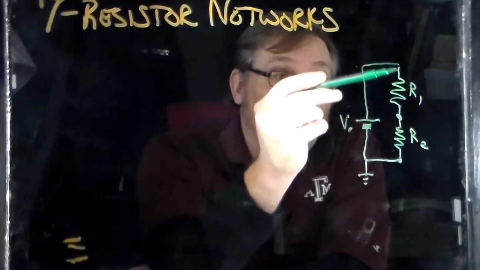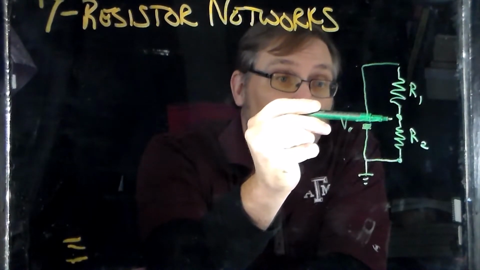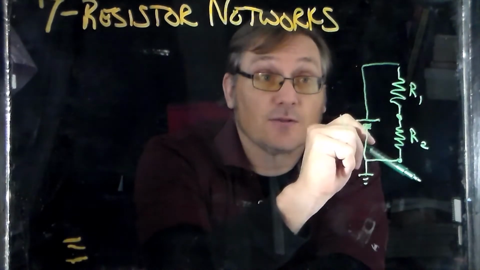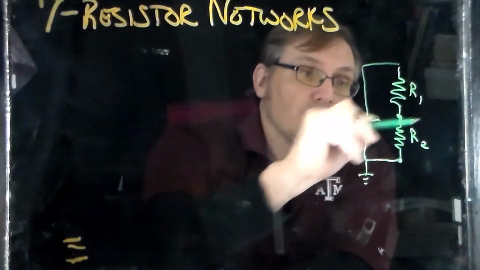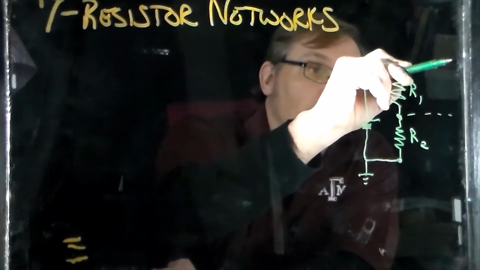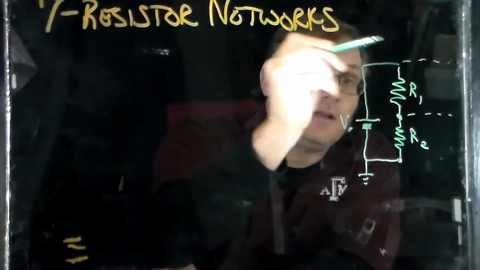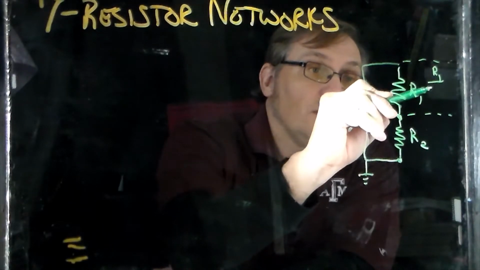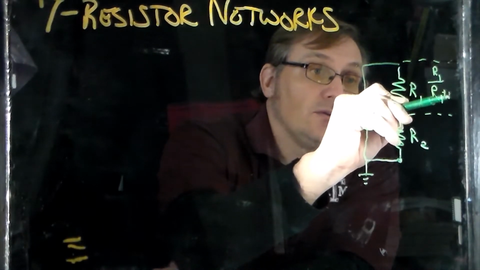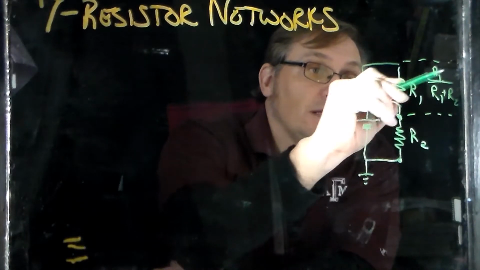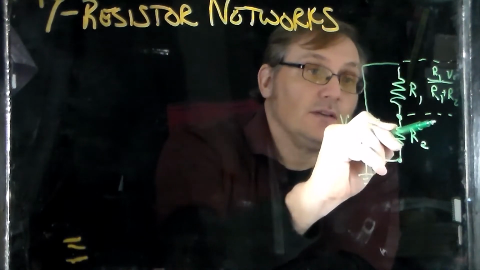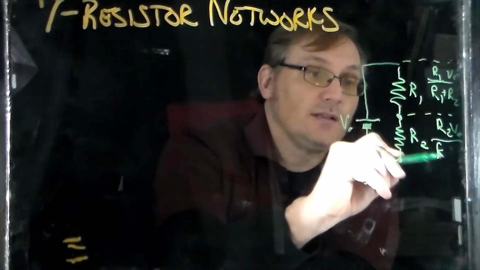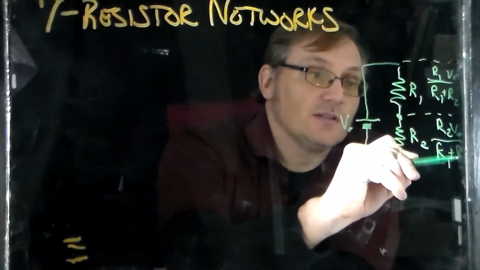Then the voltage drop from here to here, or from here to here, is proportional to the percentage of the resistance for each one of those things. So that means that this is R1 plus R2 times V0. This one's R2 times that same V0 over that same sum, the sum of the resistances.